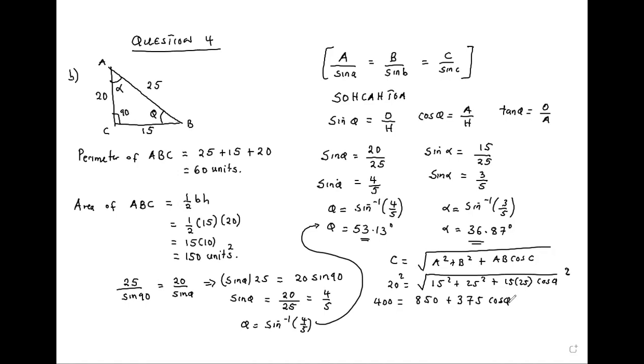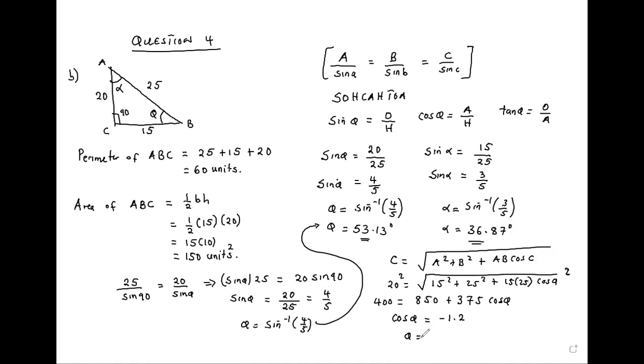And then you take the other side, so you get 850 minus 400, that is 450, and divide by 375, you get 1.2. So cos theta will be negative 1.2.